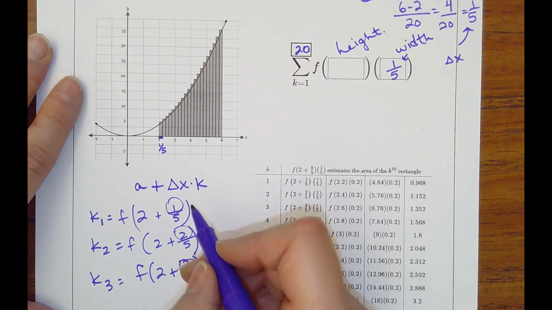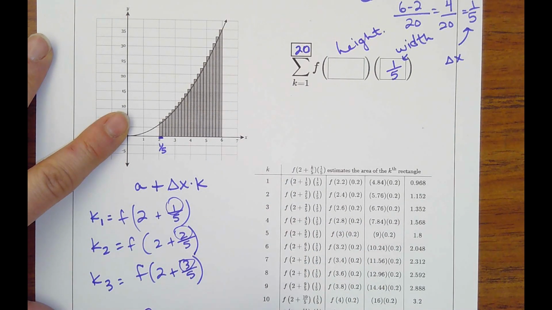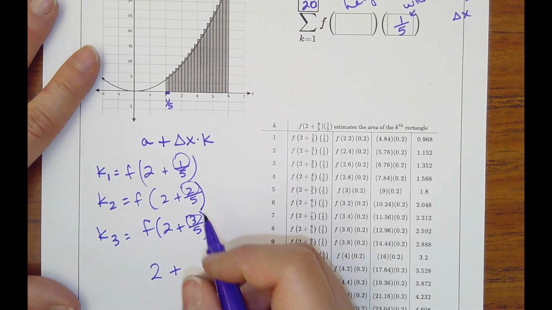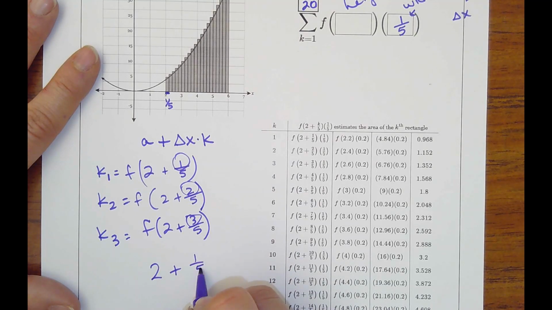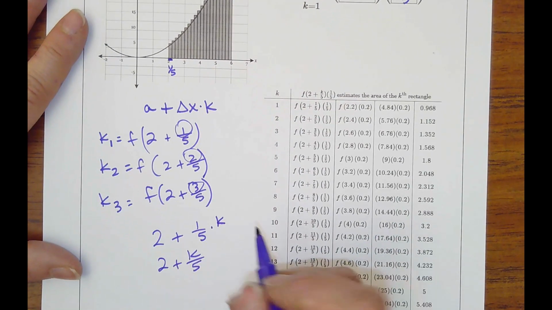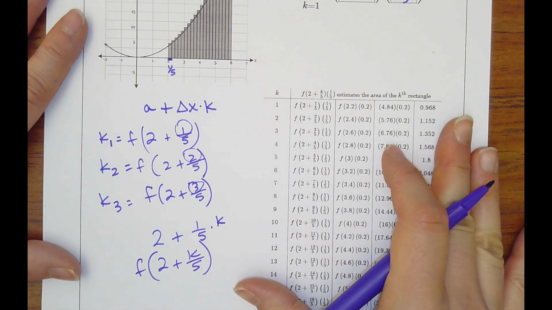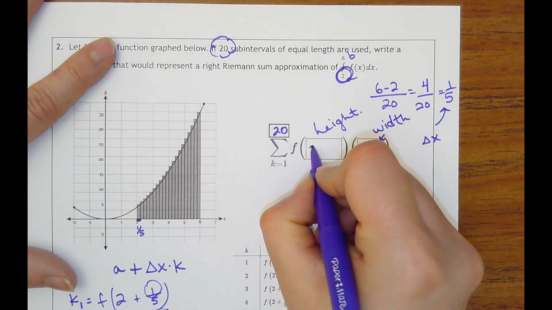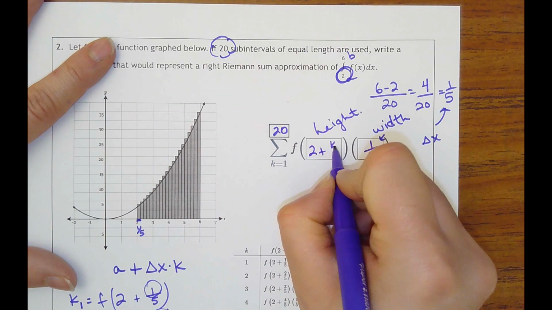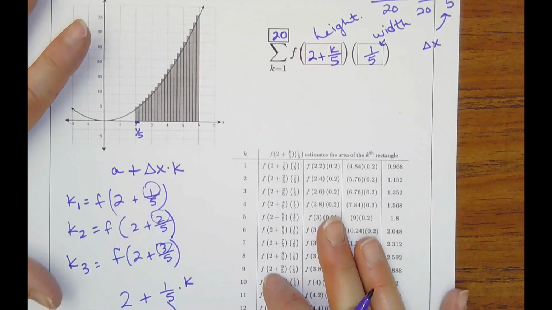I would say it's my 2 plus my change in x, which is a fifth, times k, because I'm having that many rectangles of a fifth. So it'd be 2 plus k fifths, and it's f of that x value. So 2 plus k over 5.